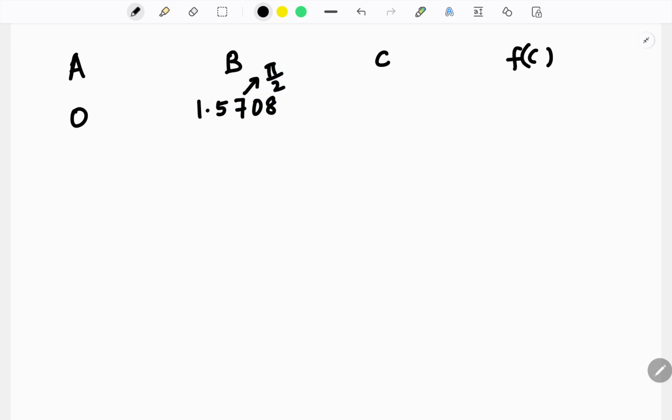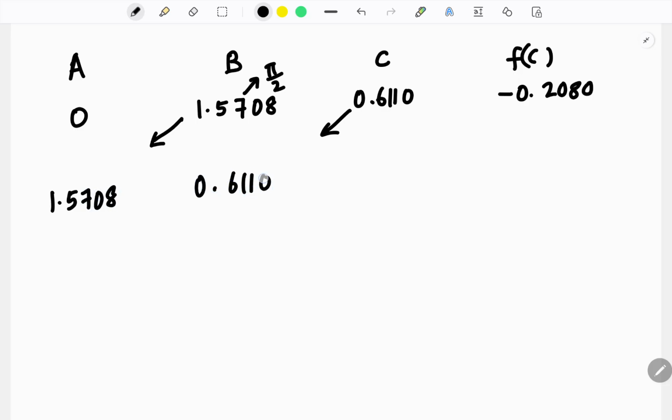This is your pi by 2, right? Come on, calculate. A is equal to 0, B is equal to 1.5708, press equal, I will get 0.6110, again press equal, I'm going to get negative 0.2080, right? Now take this value here and take this value here, so it should be 1.5708 and 0.6110.